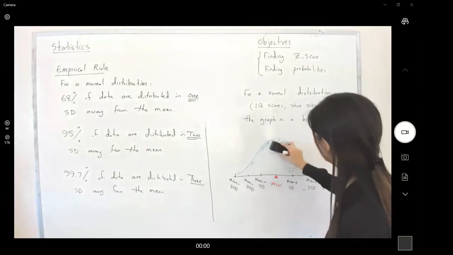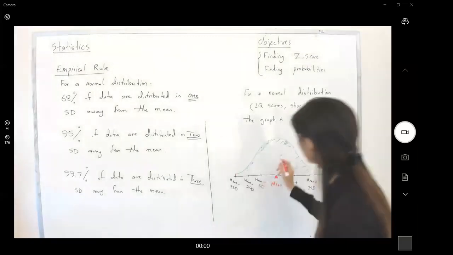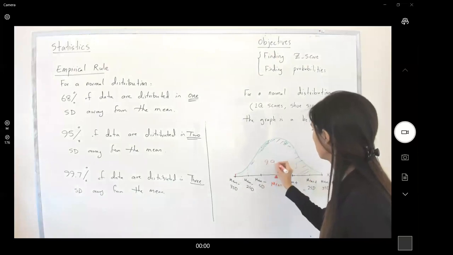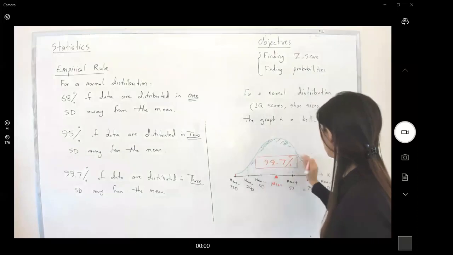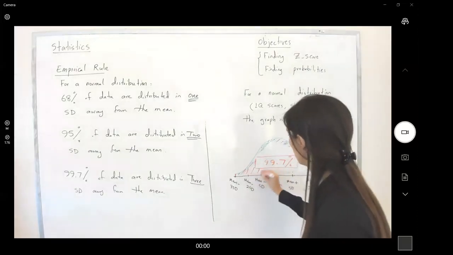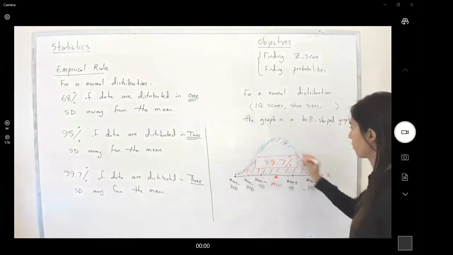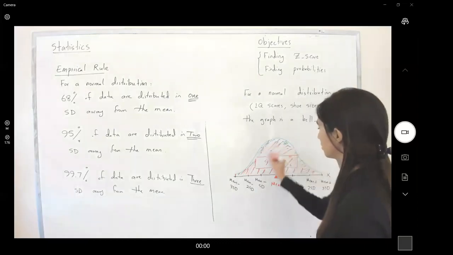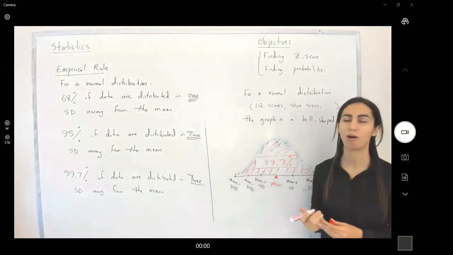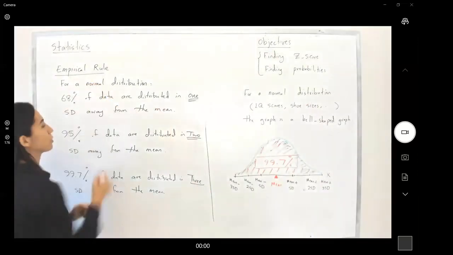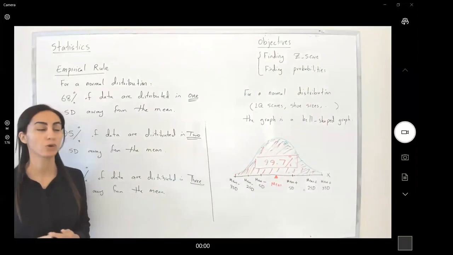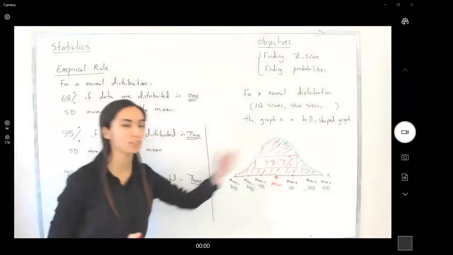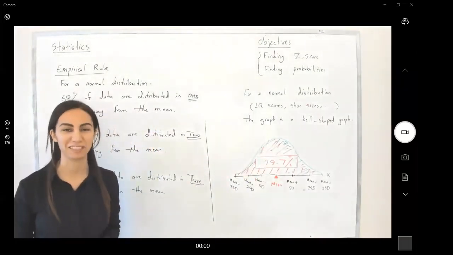We're going to use a different color. It almost includes everything in our collection. So this is called the empirical rule. Later on, we're going to use a calculator to help us find these percentages or probabilities.